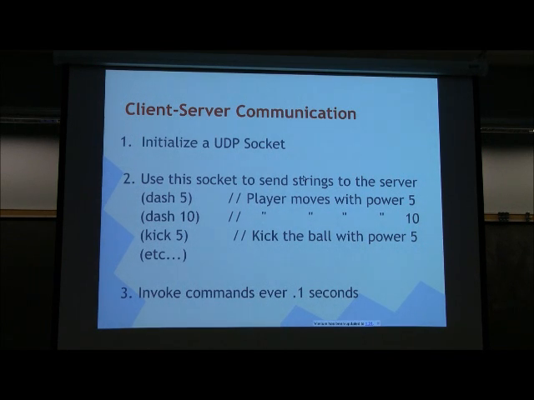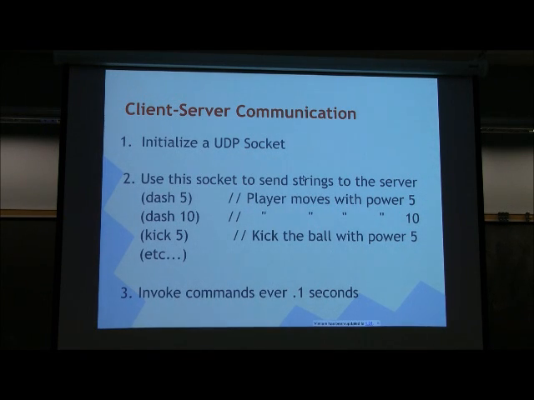So I'm going to be going over the client-server communication and just in general programming and setting up a client that would communicate with the server. First thing we need to do is to initialize a UDP socket, and then we use this socket to send strings, which are S expressions.